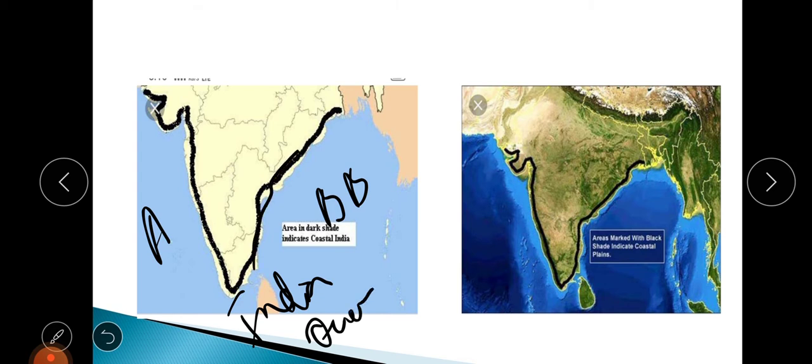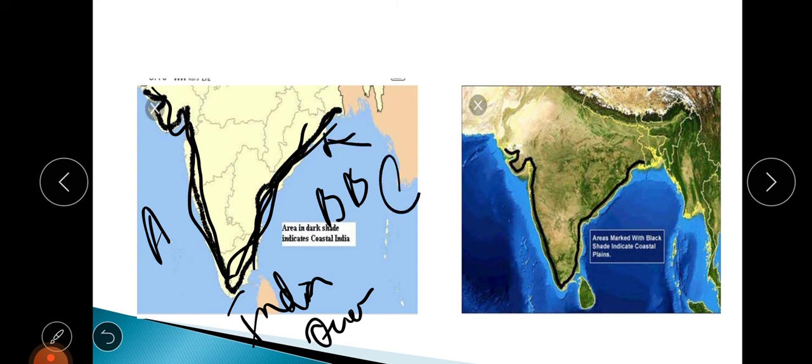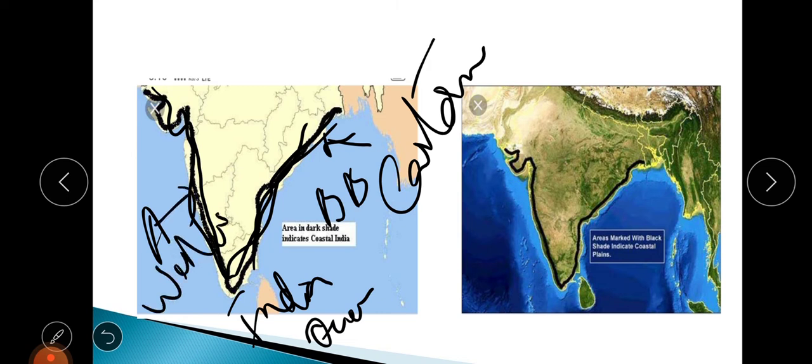This is the contact zone of the earth with the sea or ocean, the total coastline of India. This is called the eastern coastal region, and this is the western coastal region.